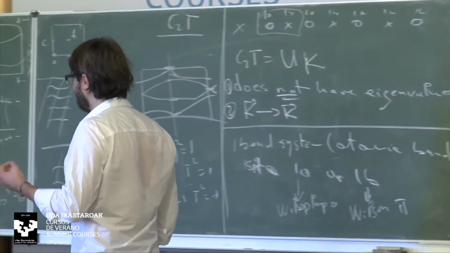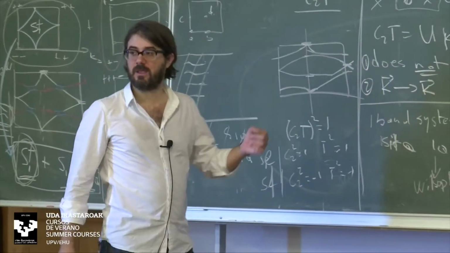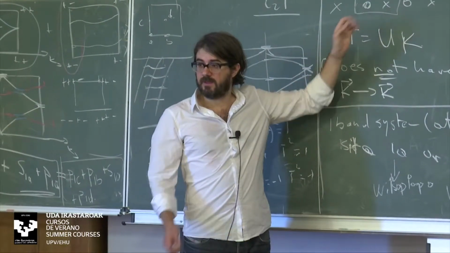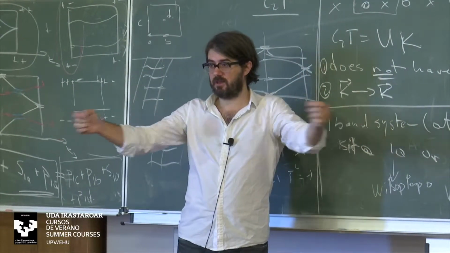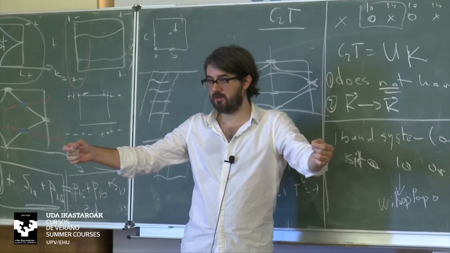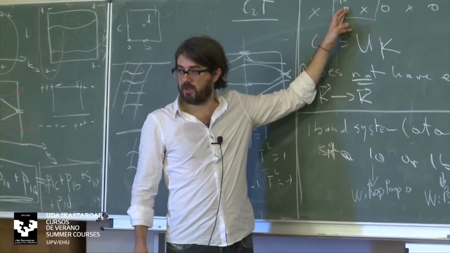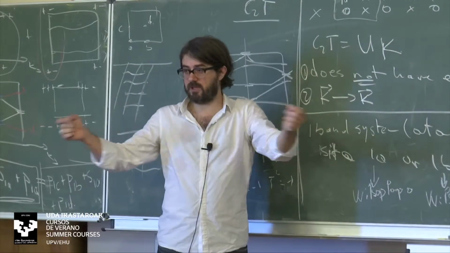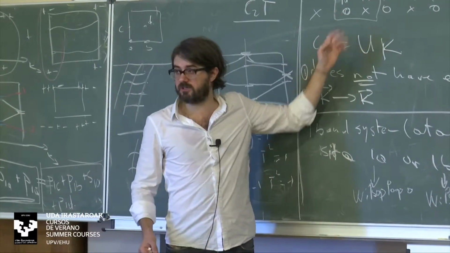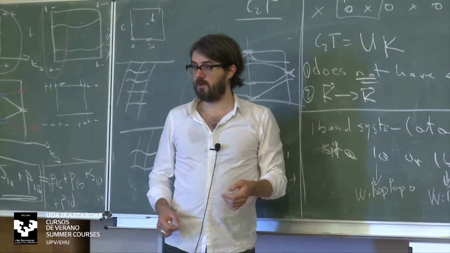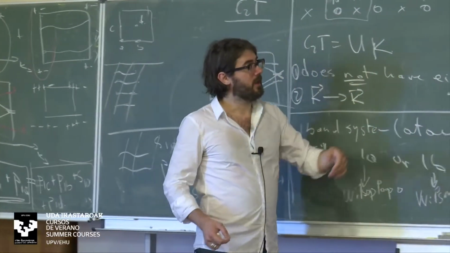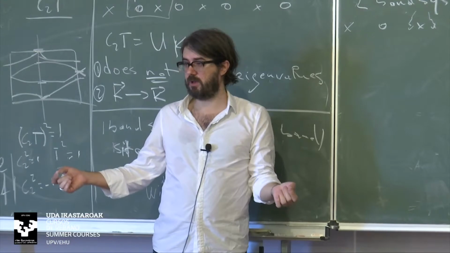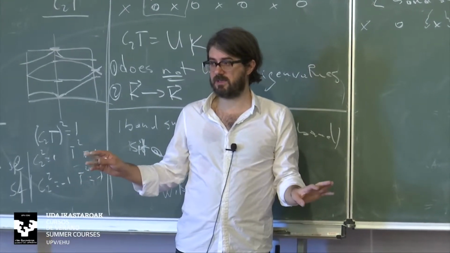Unlike in the inversion symmetric system, where if I had two s orbitals at 1a, their Wilson loop eigenvalues were 0, 0. They couldn't move away from 1a, because that would imply sp hybridization. Here, with C2 times T, if I have two bands, everything can move away. Does that make sense?